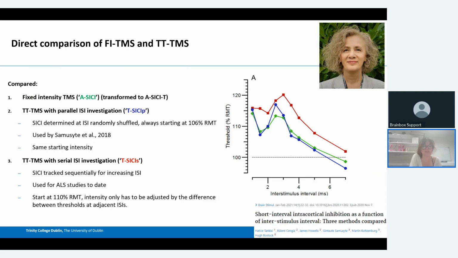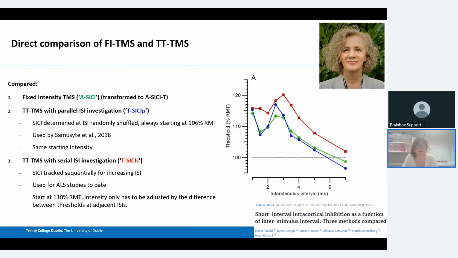And then starting there, you would change the stimulator intensity to try and get the threshold for the next interstimulus interval. So say 1.5 milliseconds, and so on and so on. So you weren't starting back at the same test stimulus each time. You were using the threshold of the previous measurement as a starting point for measuring your threshold for the next interstimulus interval.